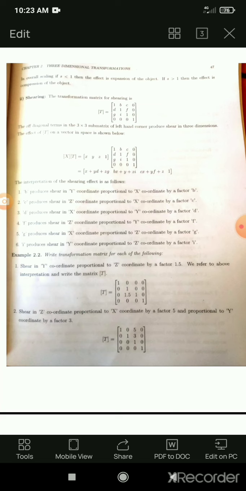That is, b and c are in the first row and second and third column respectively. So therefore b produces shear in y coordinates and c produces shear in z coordinates, proportional to x coordinate by factor b and c respectively.